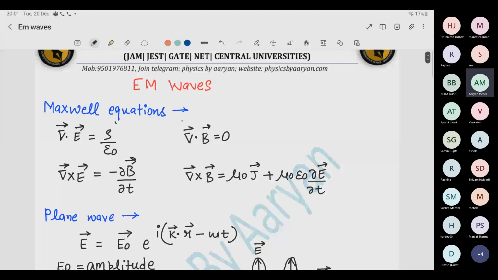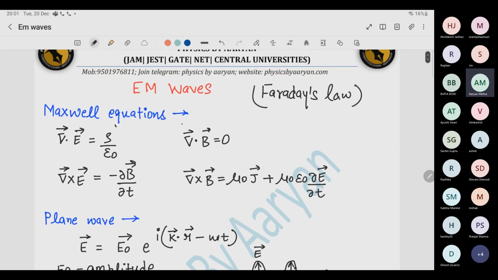The very first topic which you should know before starting EM waves, I would recommend you to read, is Faraday's law. I think you should go ahead and read it by yourself. It's a very easy thing to do. Whenever you want to read electromagnetism, doesn't matter what your background is or where you have done your BSc or MSc, always follow D.J. Griffiths' book.